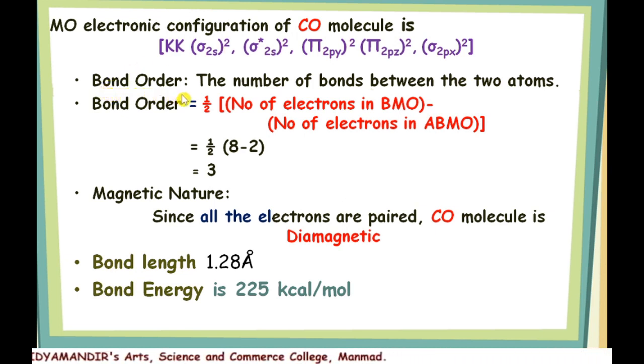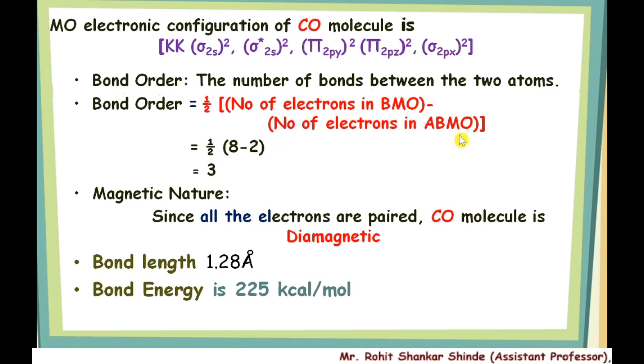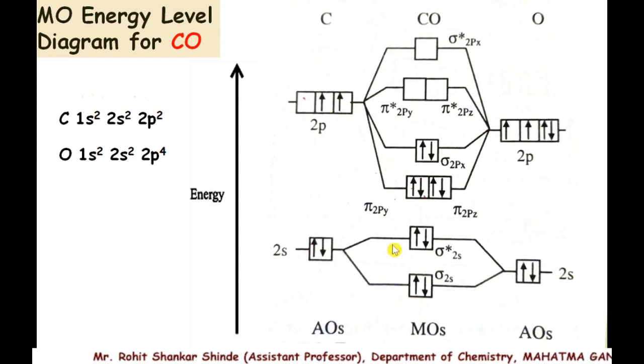Now calculation of bond order. The number of bonds between the two atoms is nothing but the bond order. The bond order is equal to 1/2 in bracket number of electrons in BMO minus number of electrons in ABMO. So BMO possesses 8 electrons, these 2 plus these 6, 8 electrons. And the antibonding molecular orbital possesses only 2 electrons.